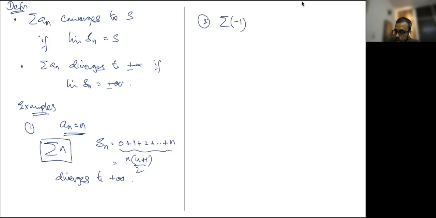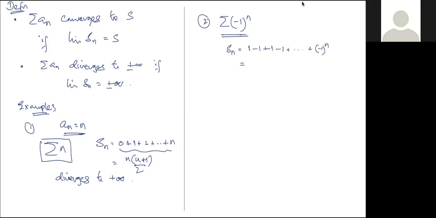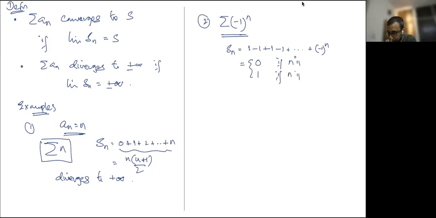Now let's look at another series. Let's say this. So here, what is the nth partial sum? So what is it going to be? Either 0 or 1. Right. It would be 0 or 1 depending on, so if n is even, it is 1, odd.